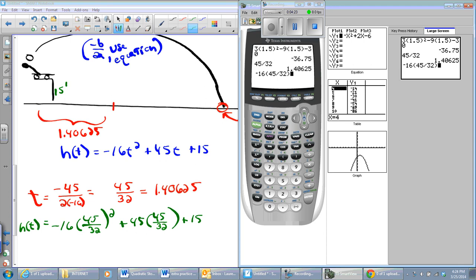I'm going to square it, and we're going to do 45 divided by 32, and we're going to add 15. And so there we go.